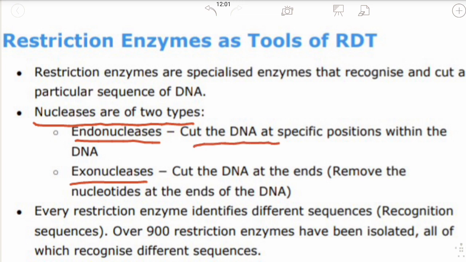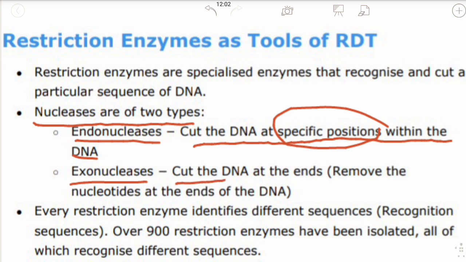Endonucleases cut the DNA at specific positions within the DNA, whereas exonucleases remove the nucleotides at the ends of the DNA. Exonucleases cut the DNA at the ends, whereas endonucleases cut the DNA at specific positions.